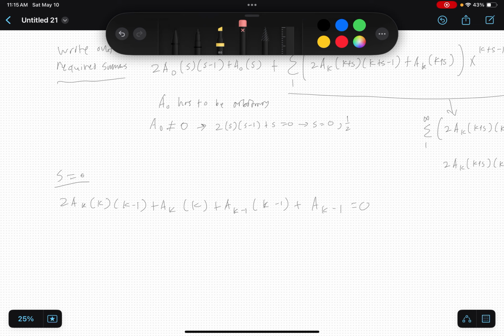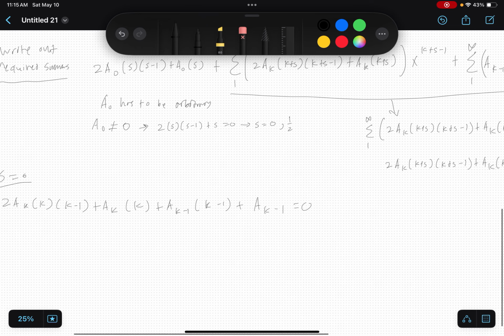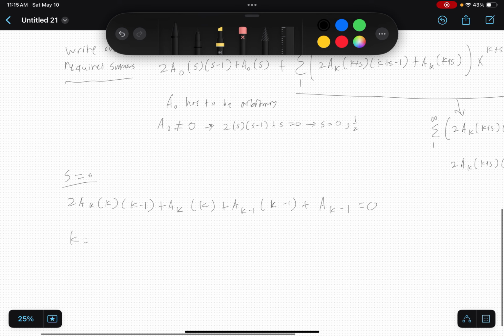We have to solve it in that form, and I'm just going to skip to it, but it's literally just algebra. a_k equals negative a_(k-1) over 2k minus 1 plus 1. Cool.